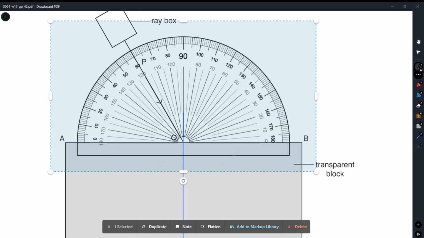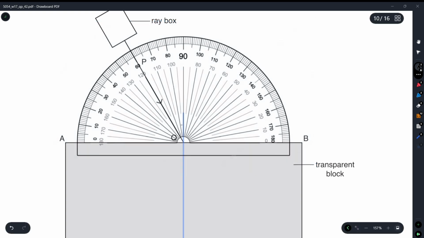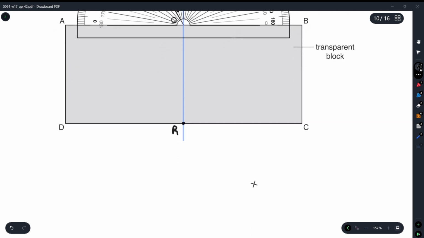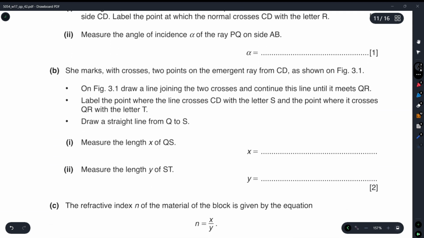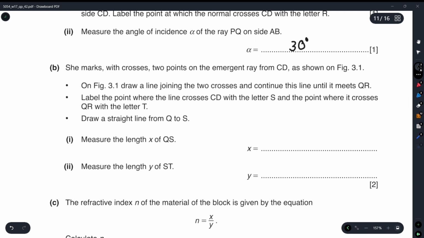So again, I think it gives me exactly 60 degrees. No, my bad. See, the best of us make this mistake. Your angle should be from the normal. So that's going to be 30 degrees. My bad. So that's going to be 30 degrees.